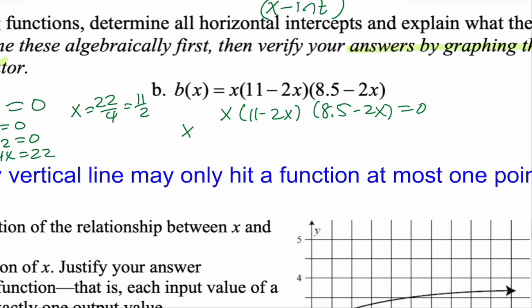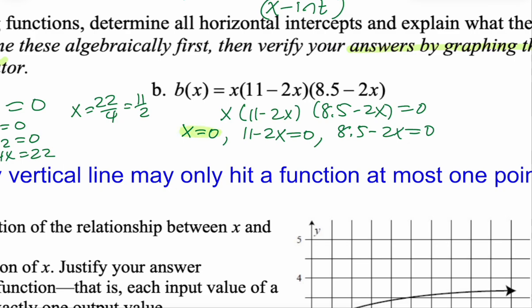So we're going to get x equals 0, 11 minus 2x equals 0, and 8.5 minus 2x equals 0. Any of the factors can equal 0 to make that thing equal to 0. So because we have 3 factors, just pull them apart, you get 3 nice equations. And then we're just going to solve each one of those equations individually.